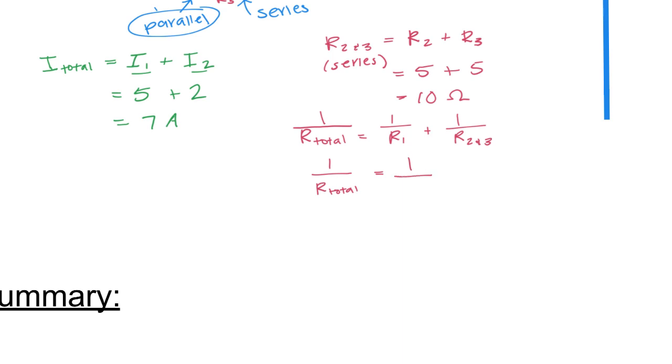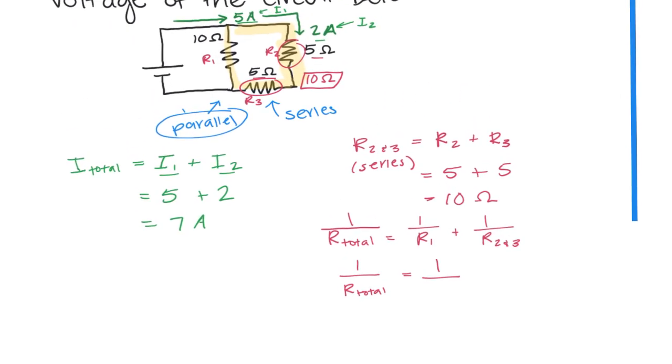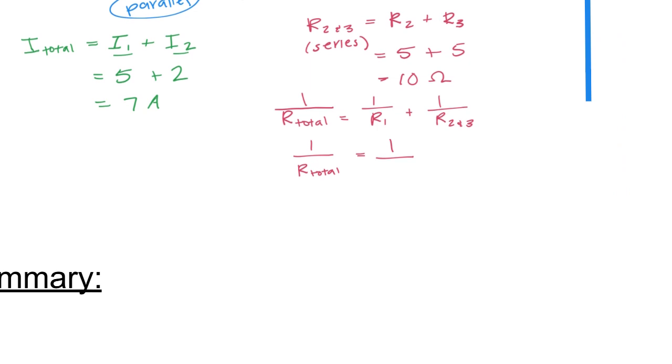So 1 over our R1, I'll scroll up just to verify, R1 is equal to 10 ohms. One over R2 and R3, which we already calculated, is also equal to 10 ohms.